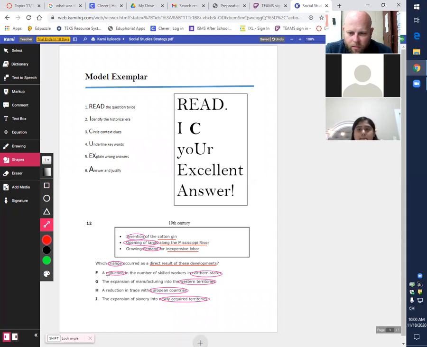We have a reduction in skilled workers. And then we have an expansion of manufacturing. Then we have a reduction in trade. And then we have an expansion of slavery.